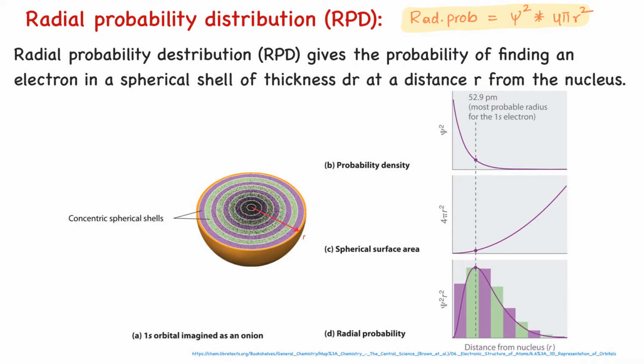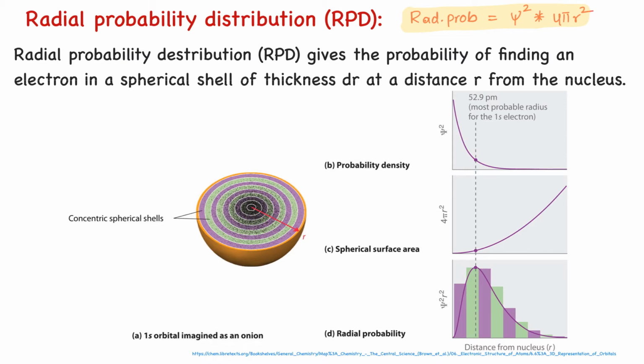We know that the electron probability decreases with radius, and the surface area of a concentric shell increases with the radius. So, the radial probability, which is a product of electron probability and surface area, will be a net effect of two opposing numbers, one that decreases and the other that increases.